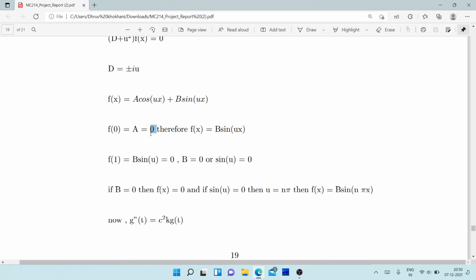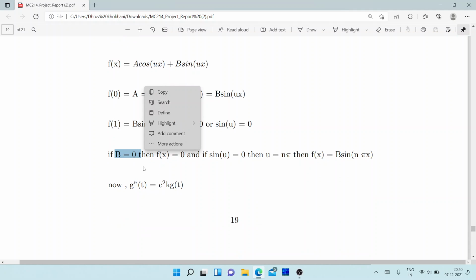We get a equal to 0, so our function f is b sin ux, and we put x equal to 1, we get b sin u equal to 0. Here 2 cases are possible, either b equal to 0 or sin u equal to 0. If we take b equal to 0, we get a trivial solution. If we put sin u equal to 0, we get u equal to n pi.